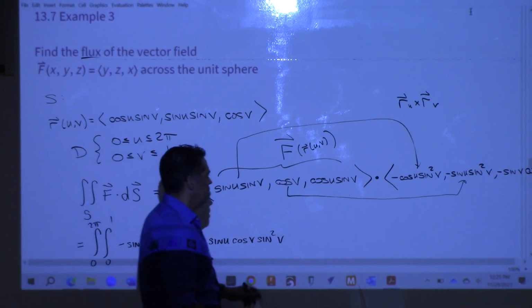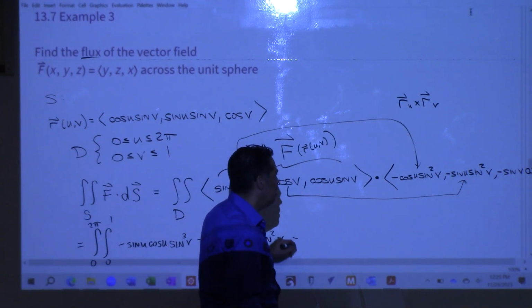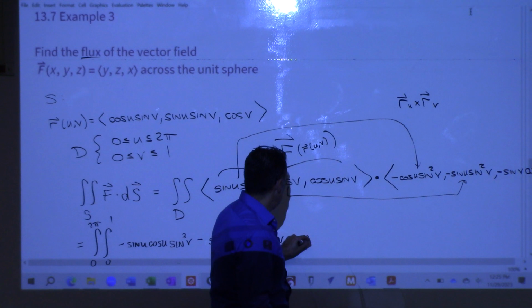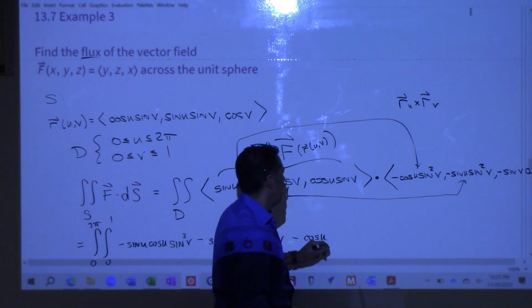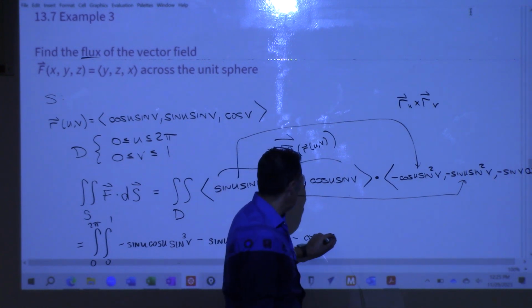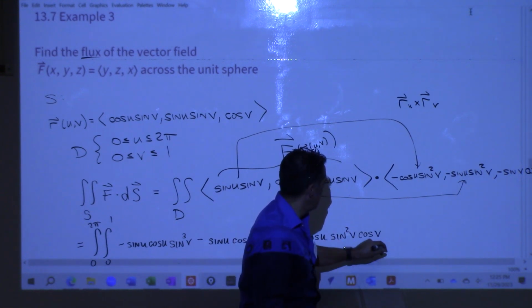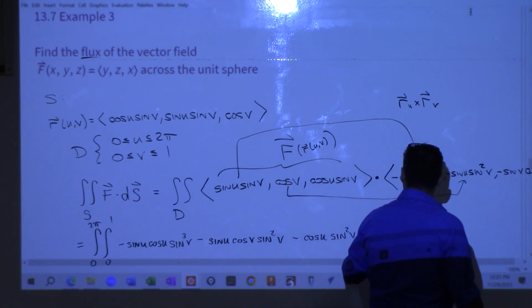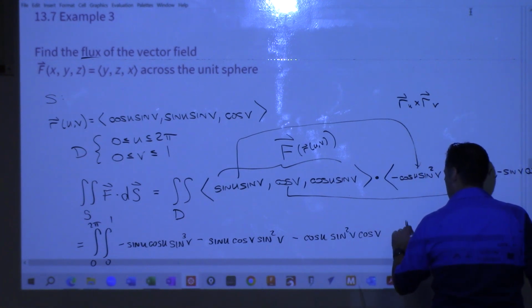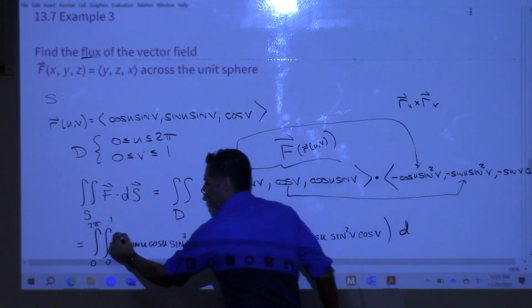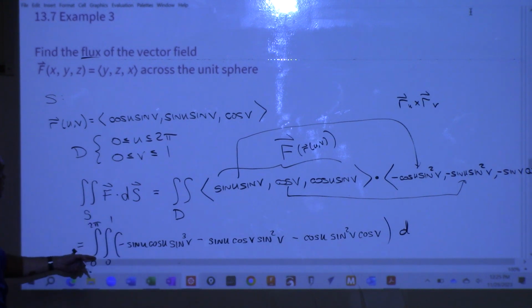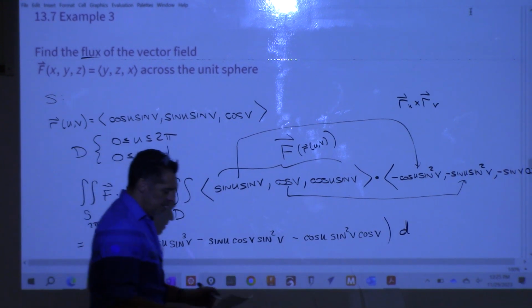And then last one will be minus again. Cosine u, do my u's first, and then sine squared v cosine v. Let's see, I went ahead and put, so it's v then u, right? dv du.